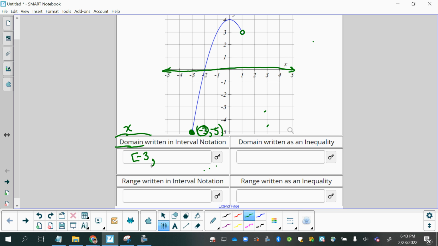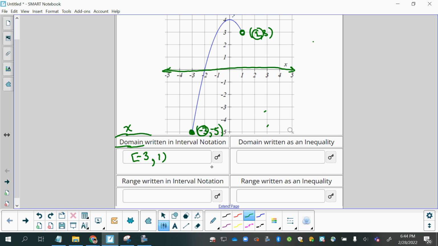Now I can see that the farthest to the right I can go and still find a point on the graph is here at 1, 3, where 1 is the x value for that set. Now that point is actually not part of the function. It's just where the function ended. So I'm going to say that I can go all the way up to 1, but I'm going to use a soft regular parenthesis to show that it's not included.